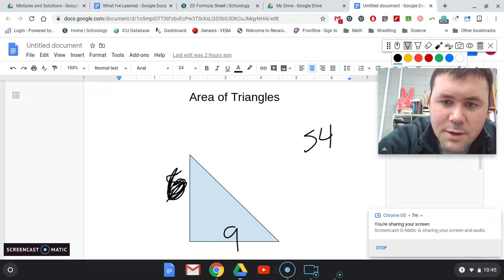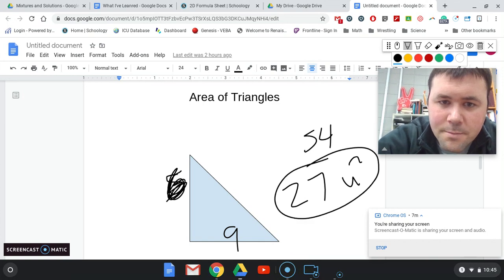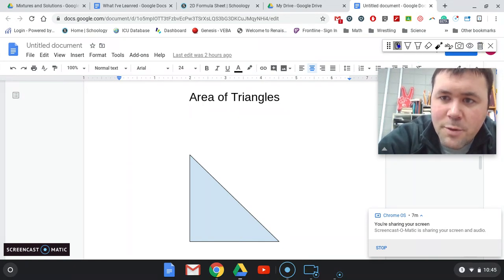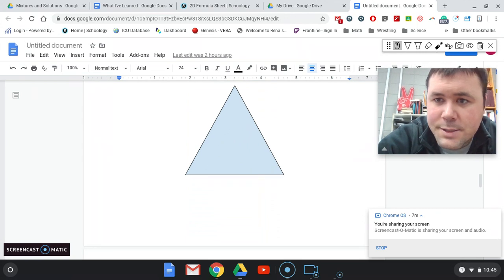So 54 divided by 2, which is, anybody? Does anybody know? Half of 54, anybody? 27 units squared.